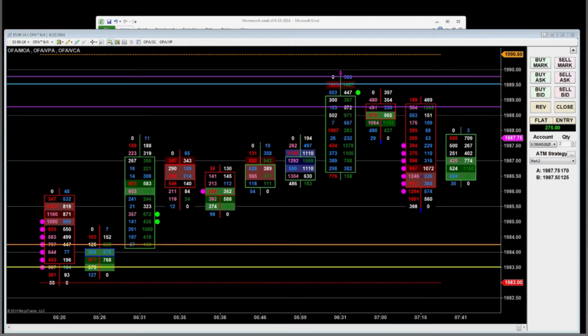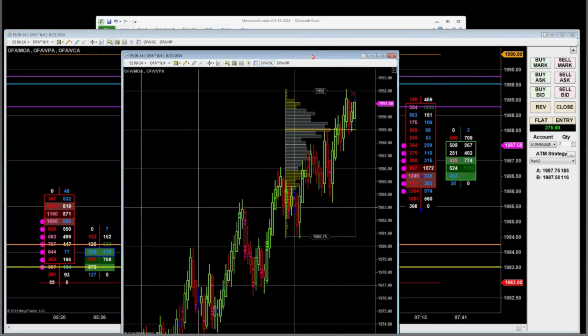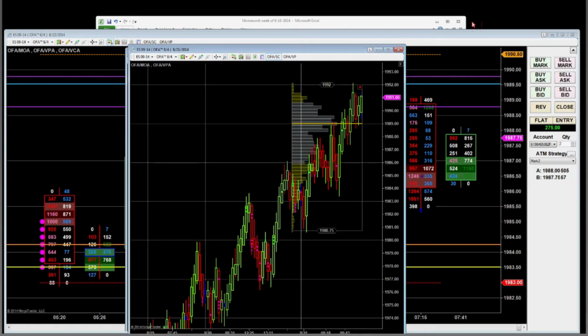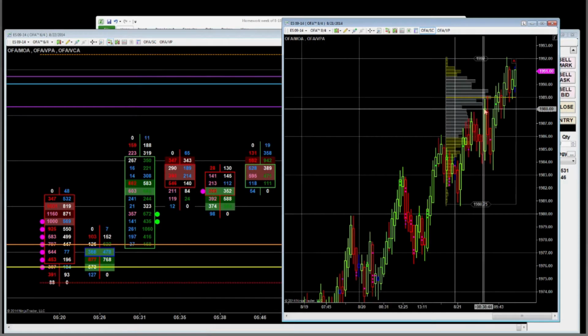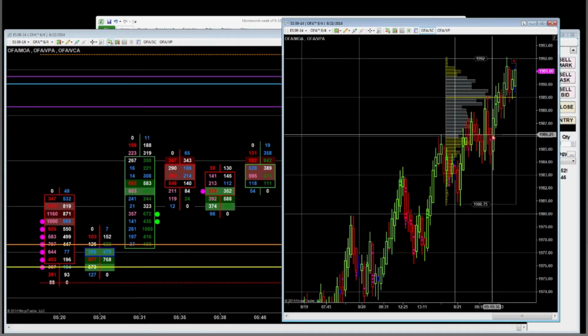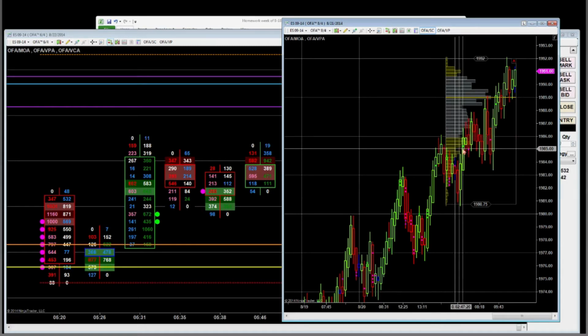Here's the volume profile. It's just taking me a while to drag it over here. I have to drag it over 3 screens. Come on. There's a low volume area right here around 86, so that's consistent. So 86, 86.25. But below that, there's a little nodule here at 85.